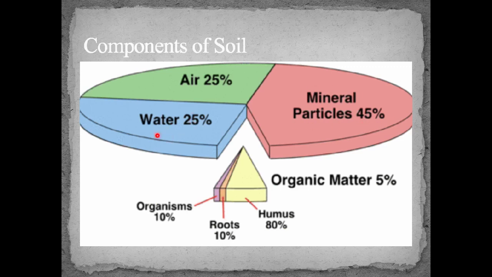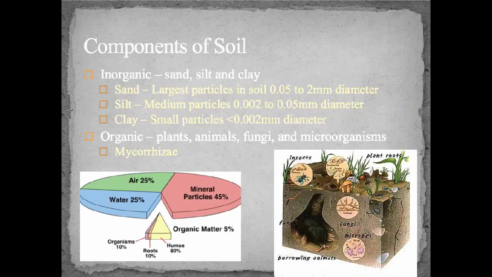Then you have 25% water, 25% air, and then breaking down into the smaller bits, humus, which is decayed organic matter, roots, and organisms make up the smallest portion of that remaining 5%. So, air, water, mineral, organic matter. Those are the main 4 components of soil.